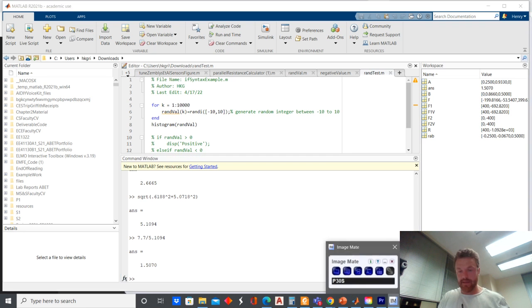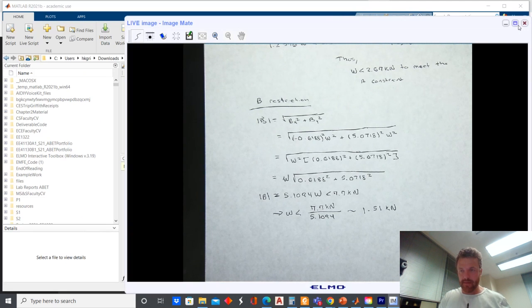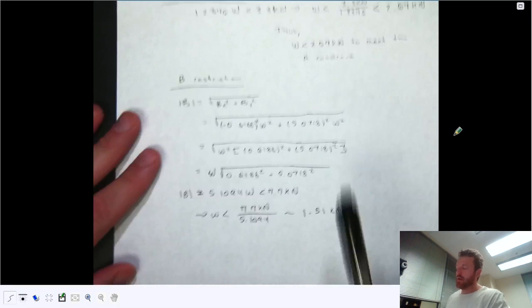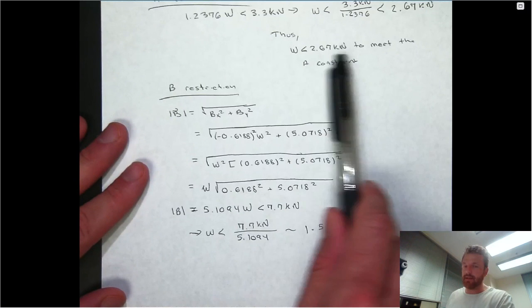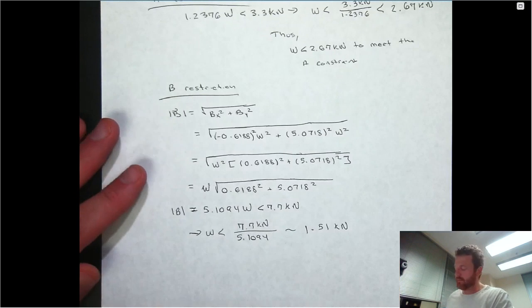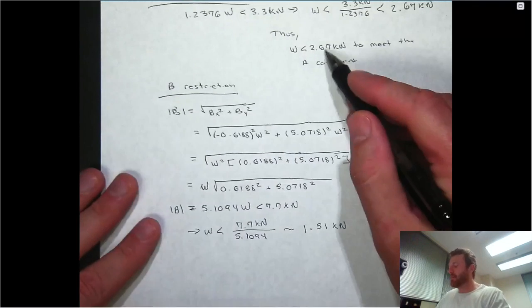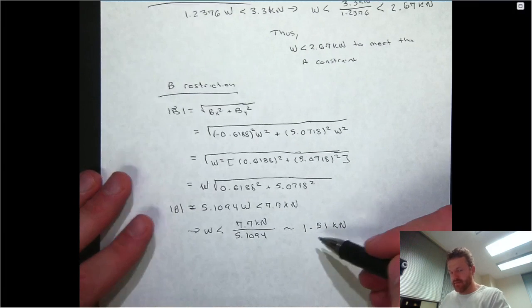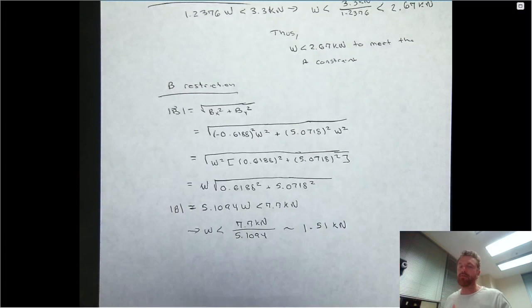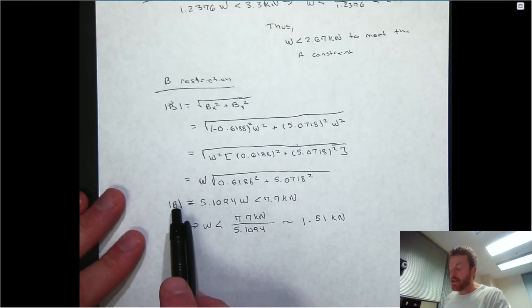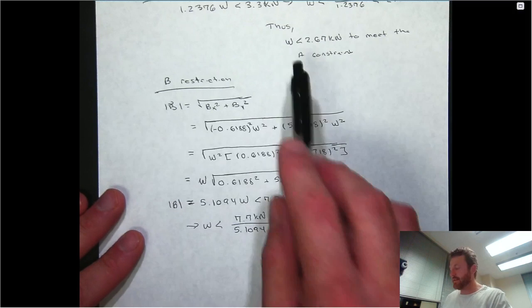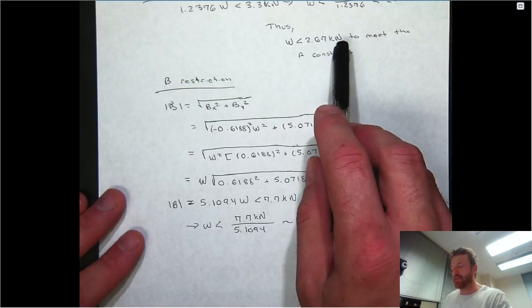1.51 kilonewtons. So if you think about it from a dominating point of view, the restriction on A says you have to be less than, just call it 2.6. Anyways, this number is larger than this number. So what is really limiting you in your mechanical design is the limits of the magnitude of the reactions of B. A says just keep it below 2.67 kilonewtons.